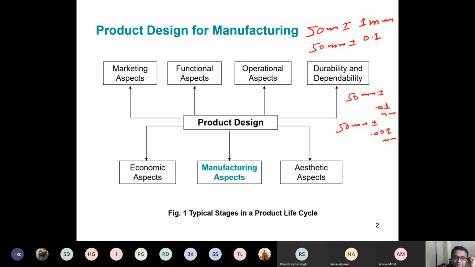Do you know what the difference in the cost would be for these three? Any idea? Just a guess.